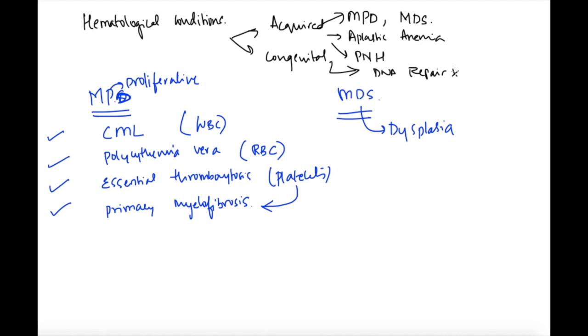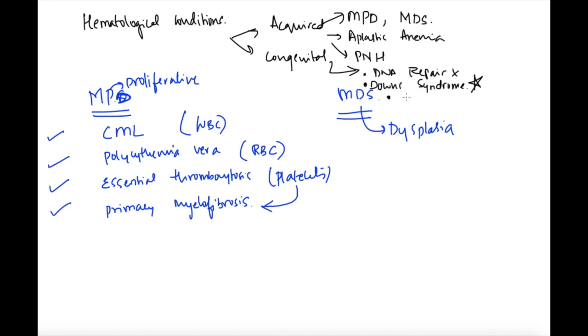So these are the 4 disorders which come under impaired DNA repair. Next, apart from this, we have to include one more very important, that is Down syndrome. I'll just mention about Down syndrome in a while, but this is a very important association with AML. Or it could also be congenital aplastic anemia, right?